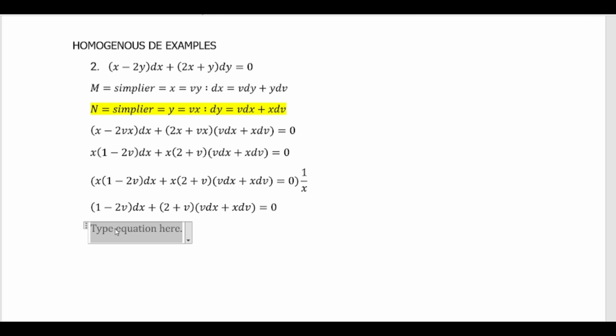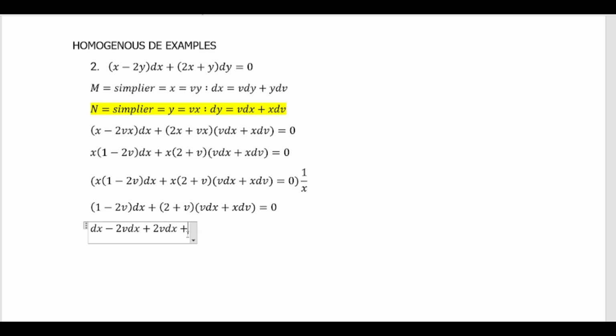So we will be having here dx minus 2v dx plus, using the FOIL method, 2v dx plus 2x dv, first term to first term, then first term to last term.